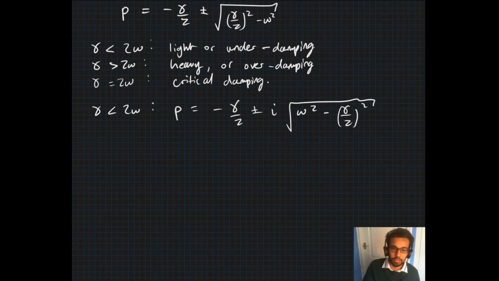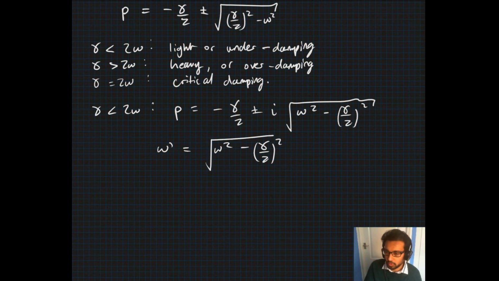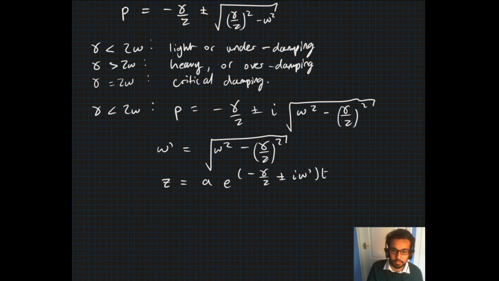Now, defining omega prime as the square root of omega squared minus (gamma over 2) squared, and remembering the trial solution A e to the pt, the solution is the real part, so we're just going to omit writing the real part, assuming we know to do that. z equals A e to the (minus gamma over 2 plus or minus i omega prime) times t.